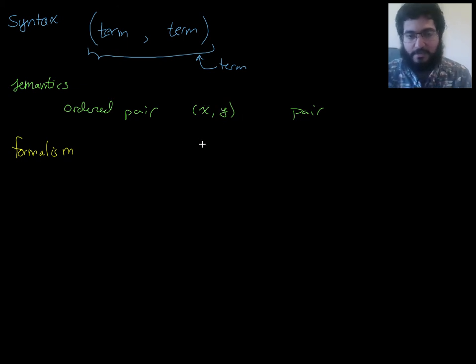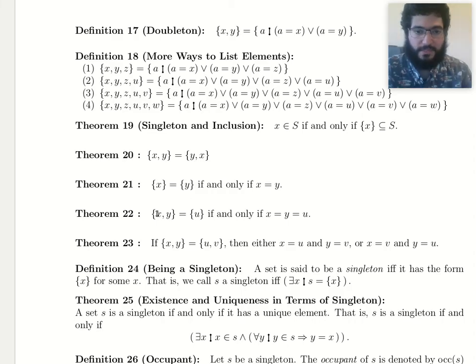But it's a little bit different from a doubleton because the way it's intended to work is that, well, it's ordered. So there's a first position and a second position. With a doubleton, there's no such thing. So remember how with doubletons, the doubleton of two things is equal to the doubleton with the things written in the other order.